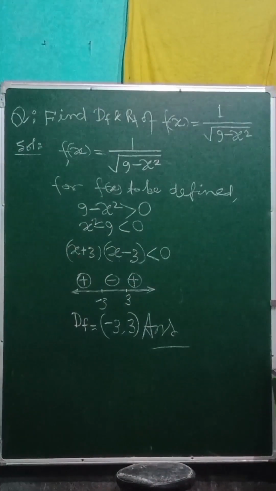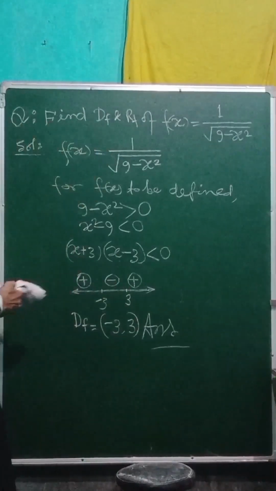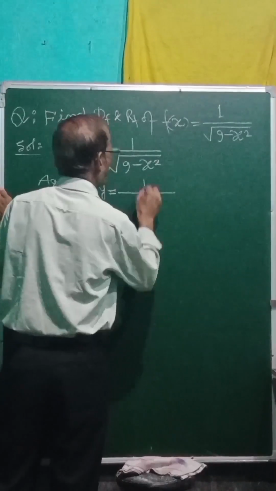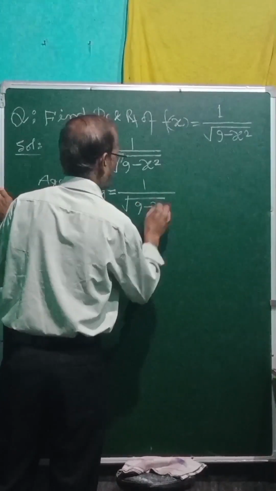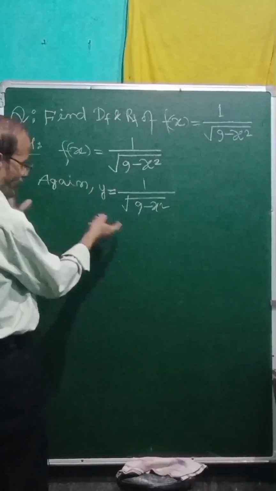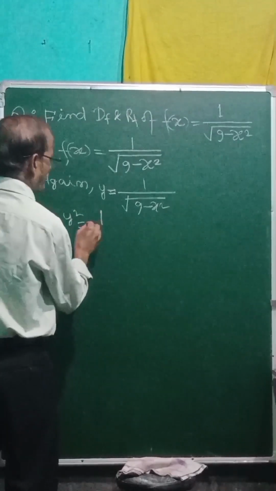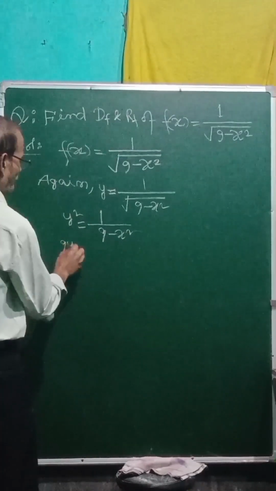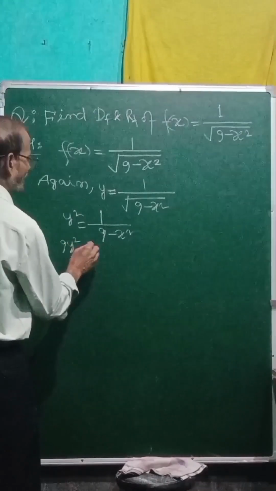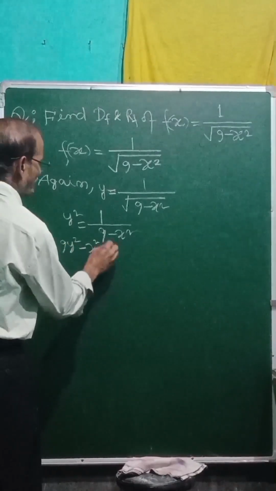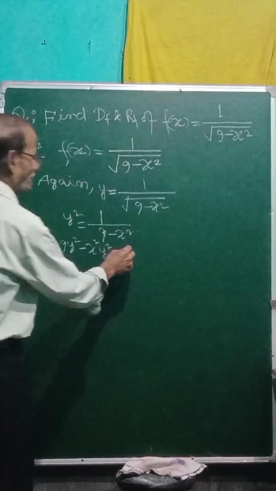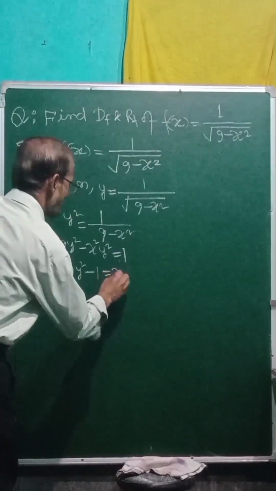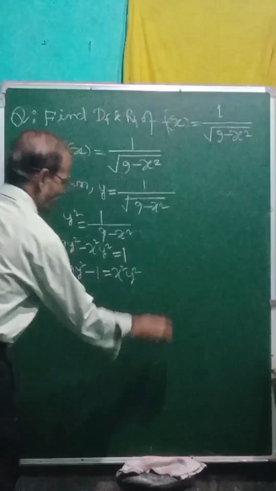Okay, now we are going to find the range. Again, y is equal to 1 by root over 9 minus x square, which implies y square is equal to 1 by 9 minus x square. Cross multiplying, 9y square minus x square y square is equal to 1. 9y square minus 1 is equal to x square y square.